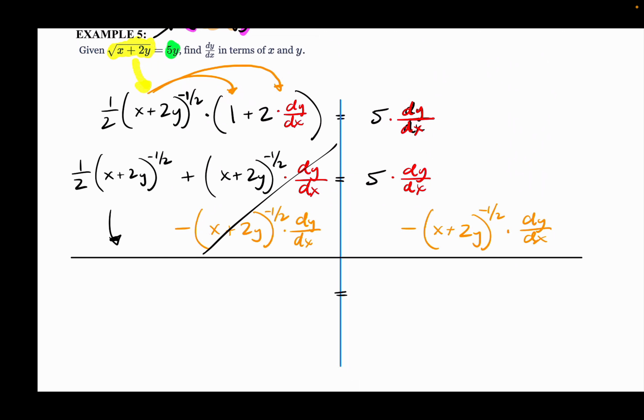So now this guy's going to come down, 1/2 x plus 2y to the negative 1/2.